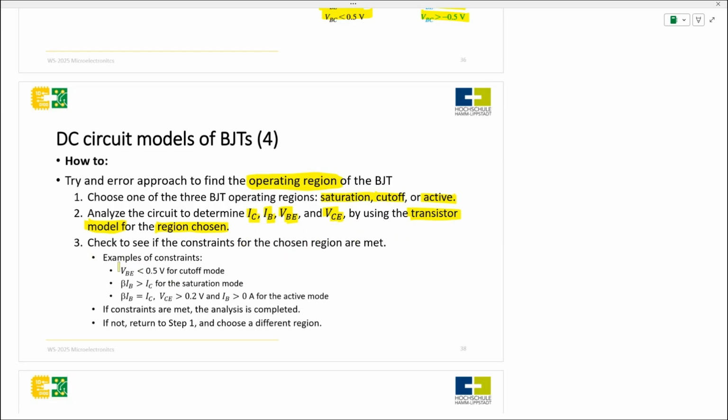For example, VBE is less than 0.5 volt for the cutoff mode, and beta IB greater than IC for the saturation mode, and similar information for the active mode. If the constraints are met, the analysis is completed. If not, return to step 1 and choose a different region.